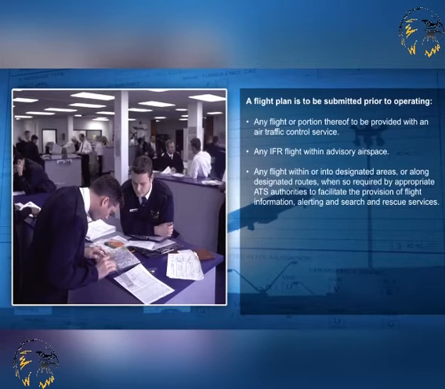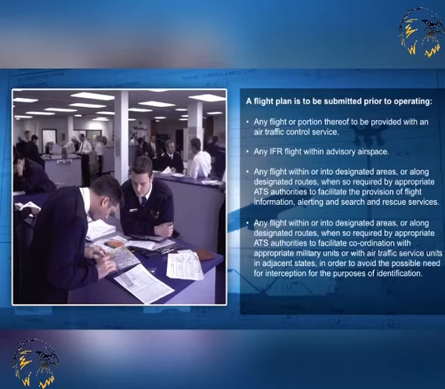along designated routes, when so required by appropriate ATS authorities to facilitate the provision of flight information, alerting and search and rescue services, or any flight within or into designated areas or along designated routes, when so required by the appropriate ATS authority to facilitate coordination with appropriate military units or with air traffic service units in adjacent states, in order to avoid the possible need for interception for the purposes of identification.